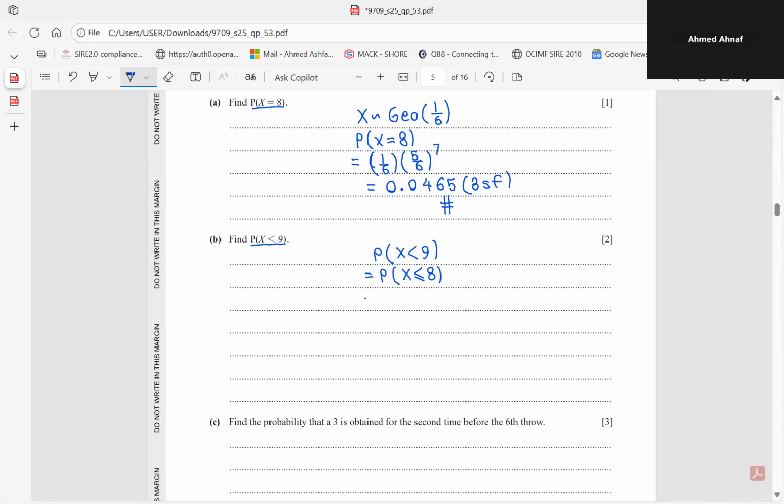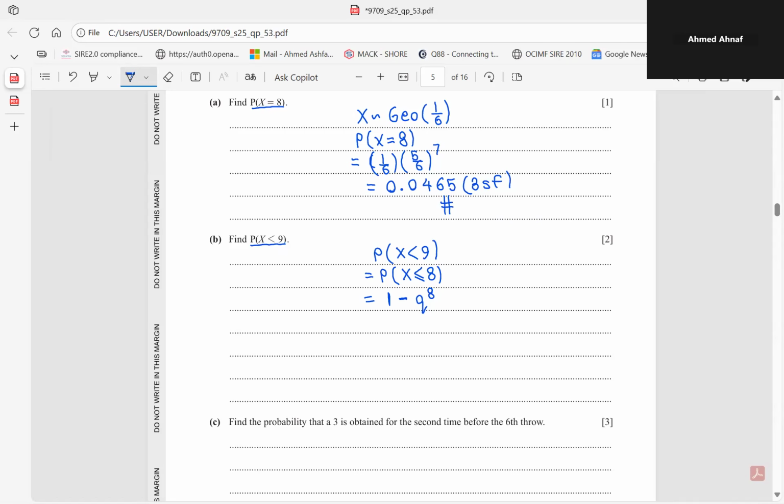To do this, you can use this formula, 1 minus q to the power of 8, where q is the probability of failure. If you manage to get your successful outcome within 8 tries, this is completely opposite from not being able to do it at all within 8 tries.